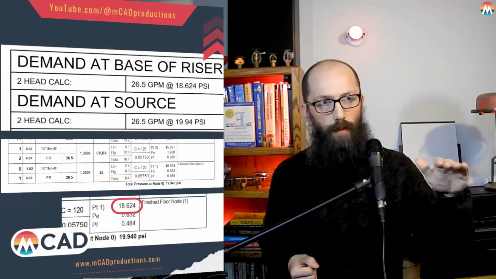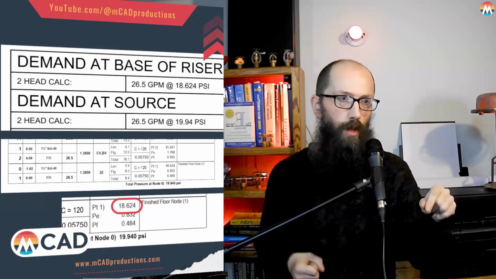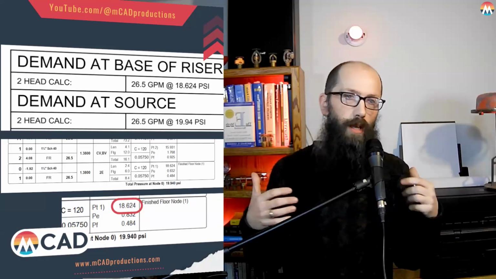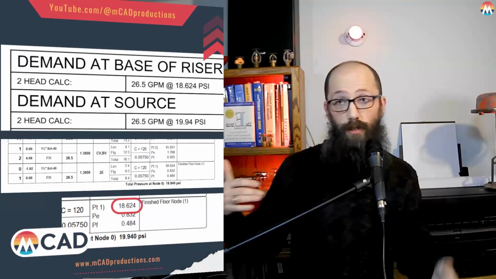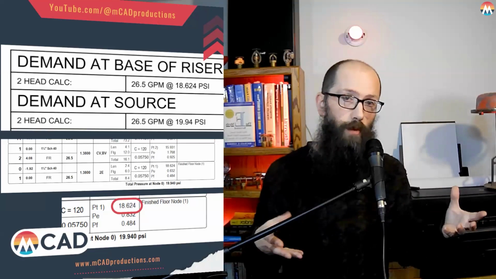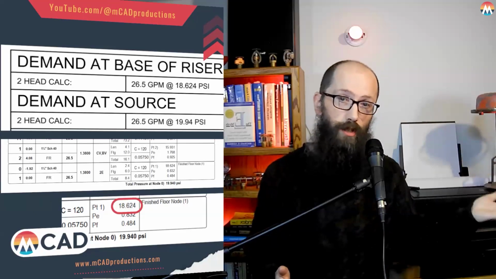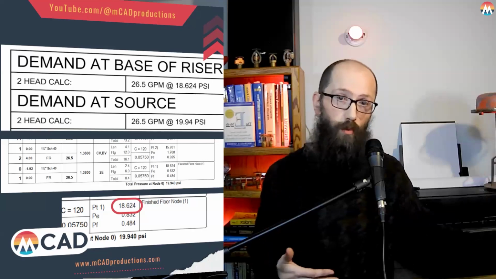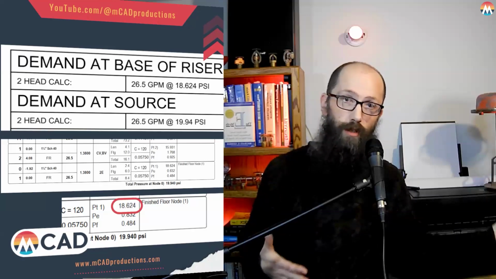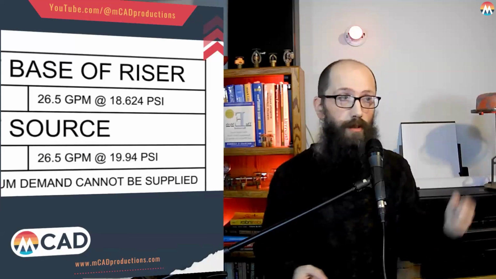This calc program labels it as the finished floor node, and it's telling you that it's node 1, that this is the pressure at. The base of the riser is always at the finished floor. It's common in fire sprinklers that whatever the underground piping is coming in, it transitions just above the floor, and that's where we're noting this pressure. It transitions to a different type of pipe as it enters the building.